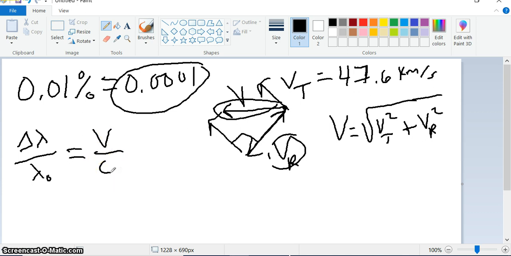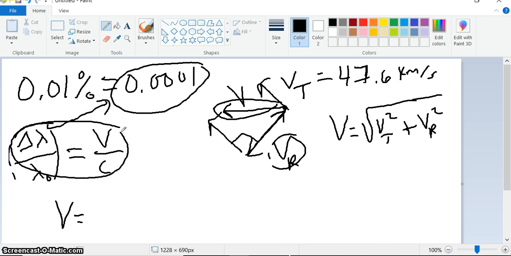In this case, this fraction is that number, 0.0001, and so I'm just going to rearrange this equation, bring the speed of light to the other side.